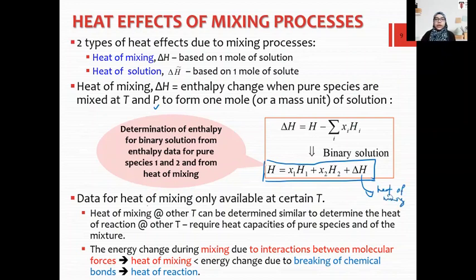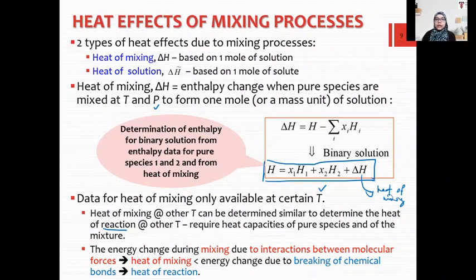Okay, the data for heat of mixing is only available at certain temperatures. The heat of mixing at other temperatures can be determined similar to determining the heat of reaction. So you may refer to the reference table to determine the heat of reaction, because a certain reaction has its own specific value of heat of reaction.